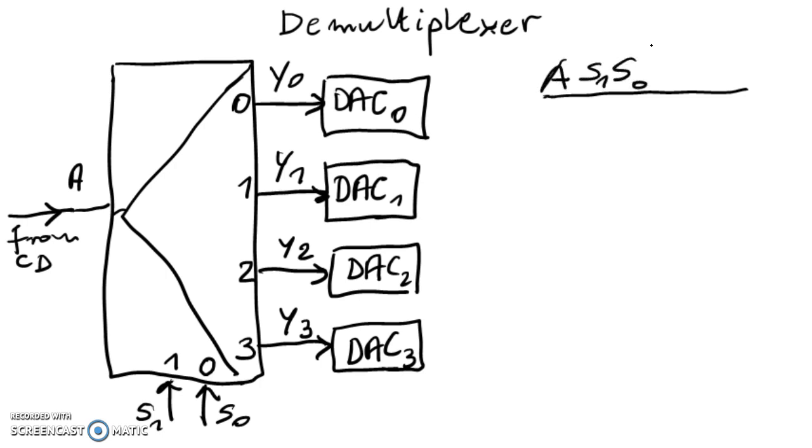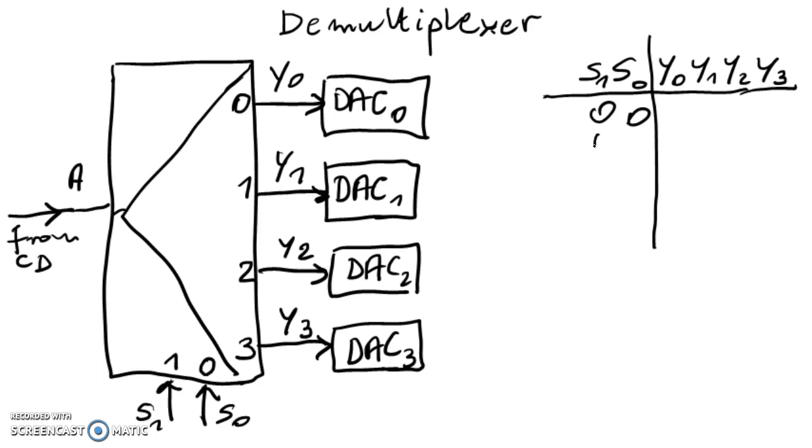But because of the simplicity of its operation, I will construct the shortened version of the truth table, not having A on the left hand side, but having it on the right hand side, similarly to the case of the multiplexer. You've got 4 outputs. Let's start with Y0; you can change this order depending on your preferences. And you've got 4 rows: 00, 01, 10, 11.